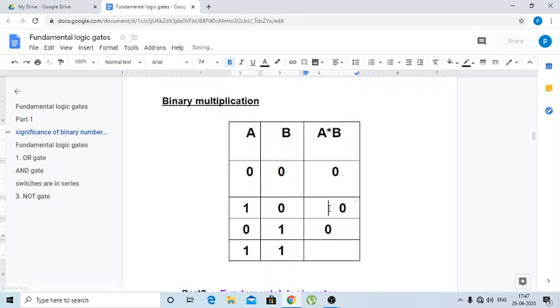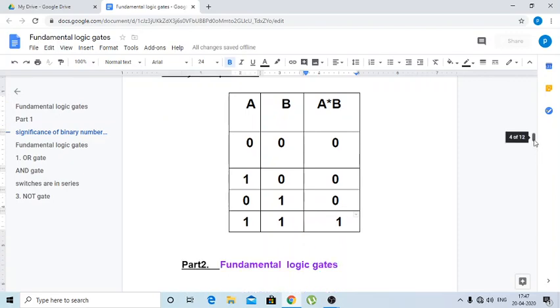The final possible value is both are having 1, both are having high value, then 1 multiplied by 1 is 1. Students, these are the truth table rules for binary multiplication: 0 multiplied by 0 is 0, 1 multiplied by 0 is 0, 0 multiplied by 1 is 0, and 1 multiplied by 1 is 1.